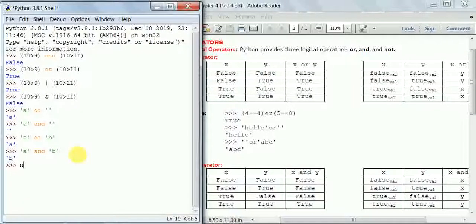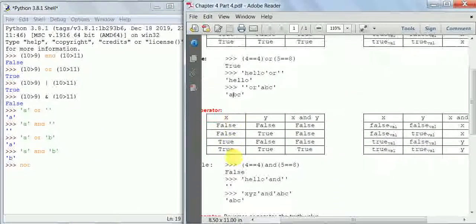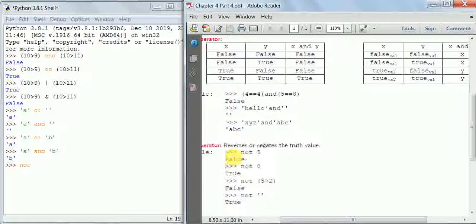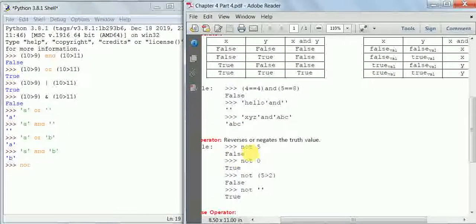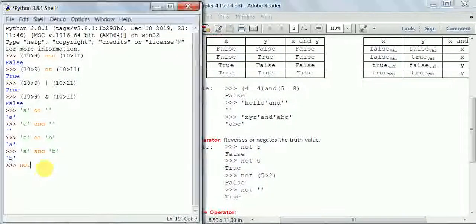Then next, NOT. What is the use of this NOT operator? It will negate, which means it reverses the result. Here, if I write NOT 10 greater than 5 or 4, then it gives false, because this condition is true, so negating means giving the opposite.